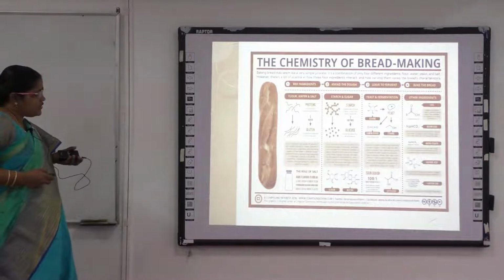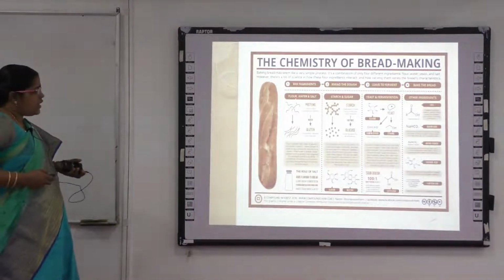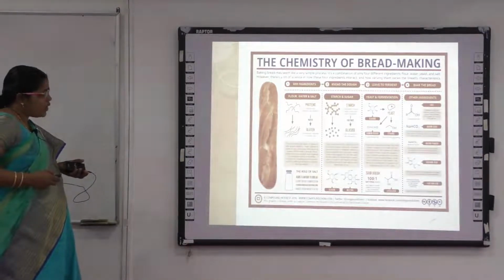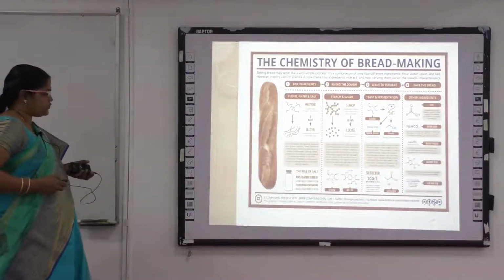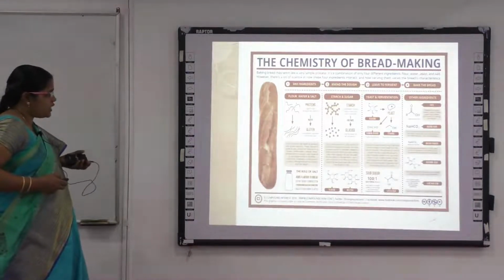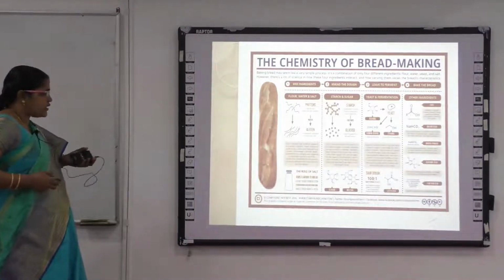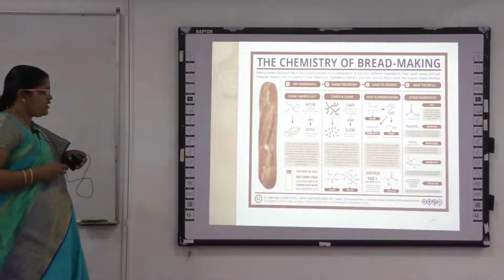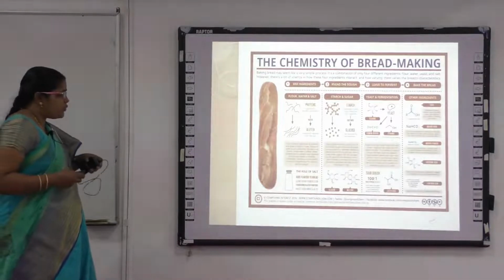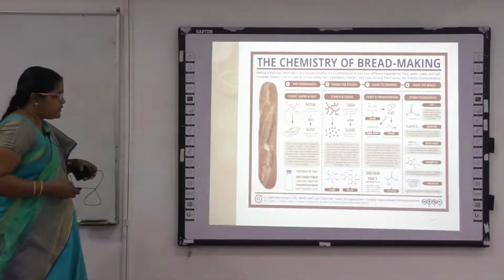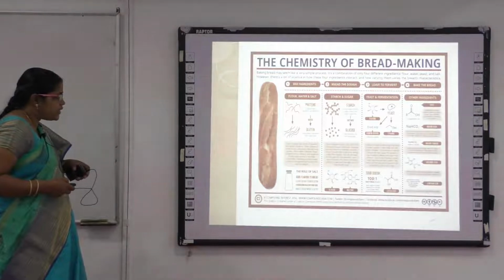In mixing, the flour will be mixed with water and salt. When water and salt are mixed with the flour, there will be continuous mixing, which in turn will improve the dough development. Dough development is nothing but the gluten development.